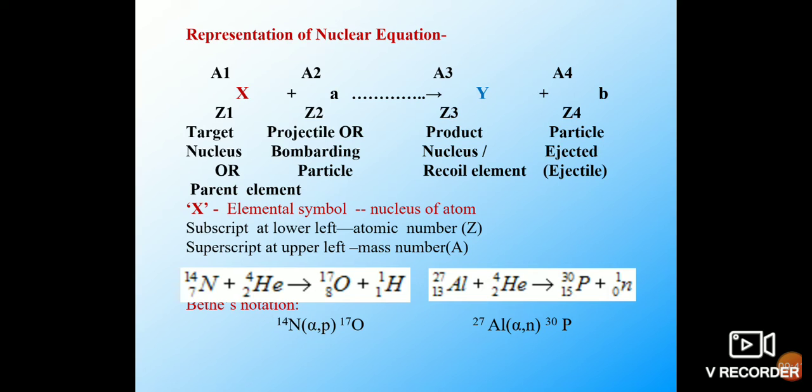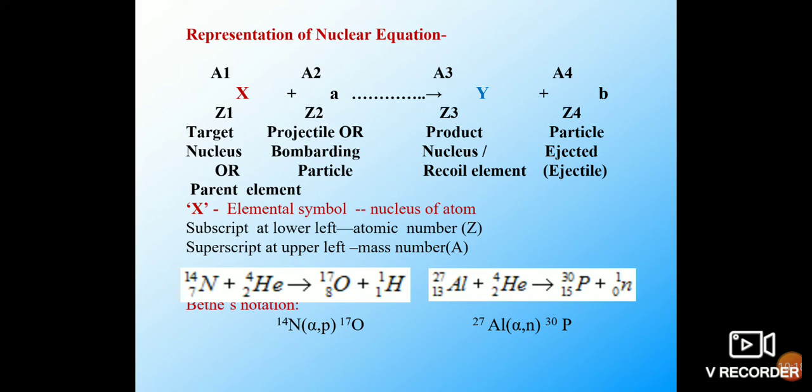Then it is bombarded with the bombarding particle A with atomic number Z2 and mass number A2. Then you will get the product nucleus Y with atomic number Z3 and mass number A3, plus ejectile particle B with mass number A4 and atomic number Z4. Okay, so in this way nuclear reactions are represented.